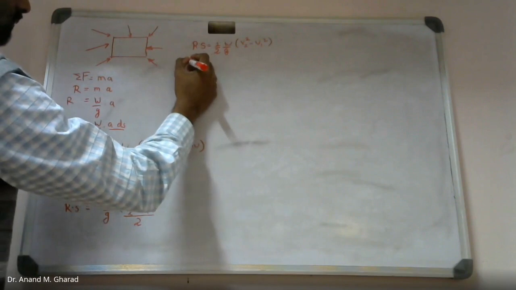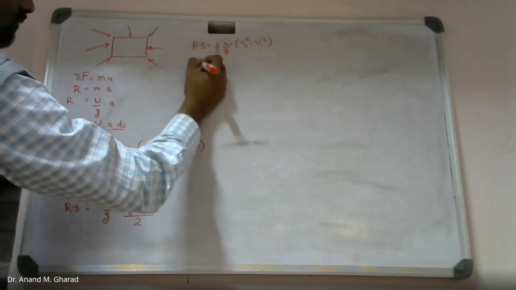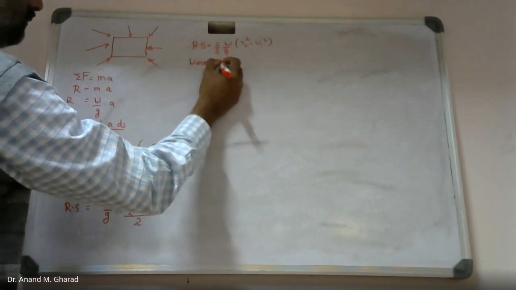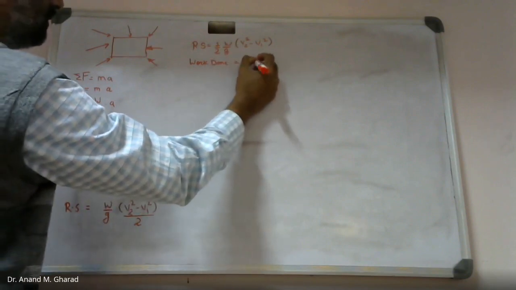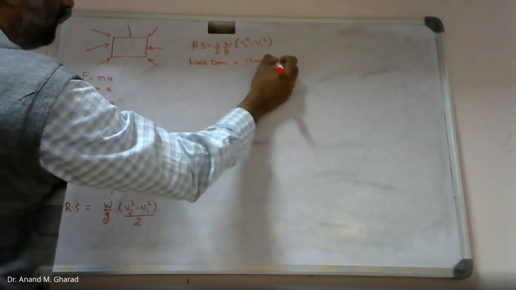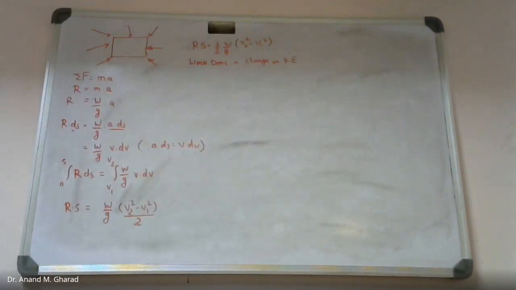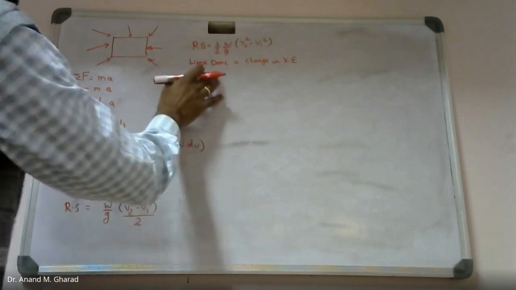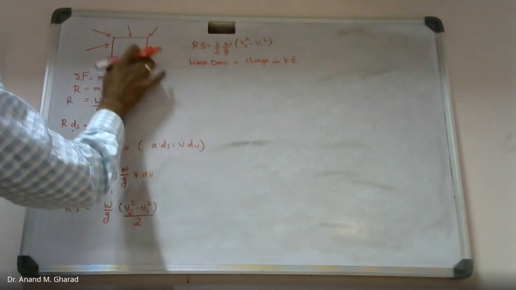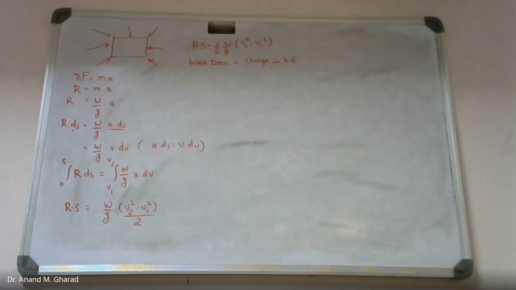So this is known as work done is equal to change in kinetic energy. Okay. So this is the equation pertaining to a body which is subjected to force. So this is the initial condition before the rigid bodies come in contact with each other.